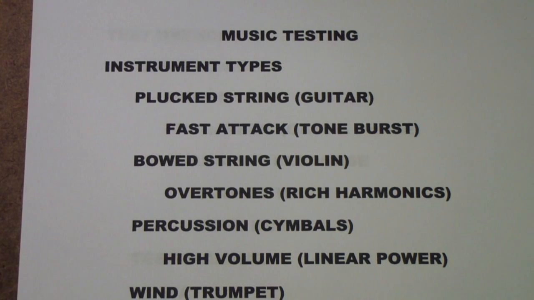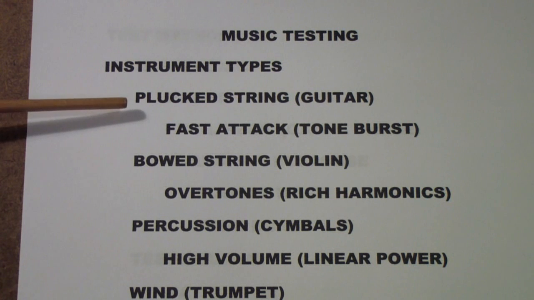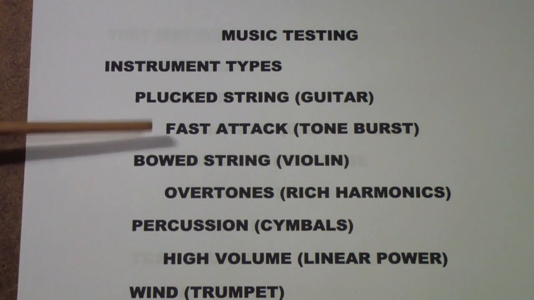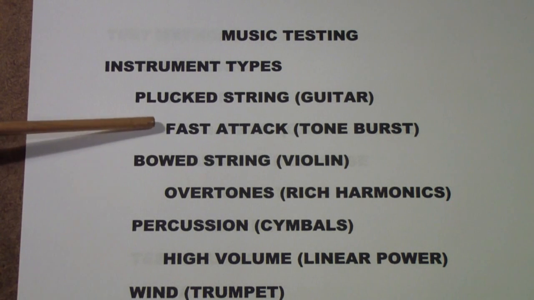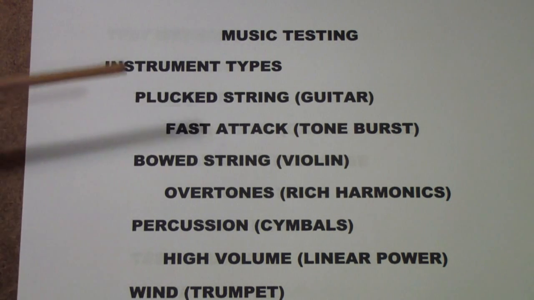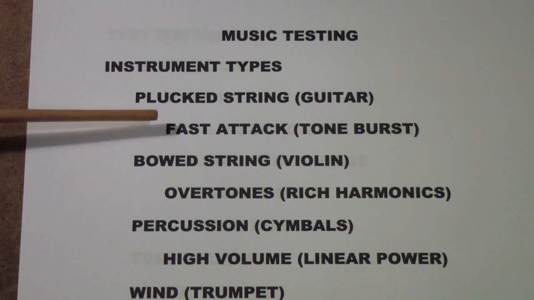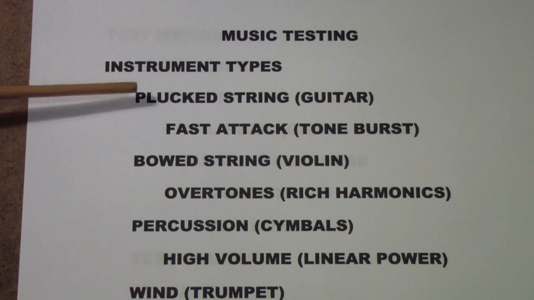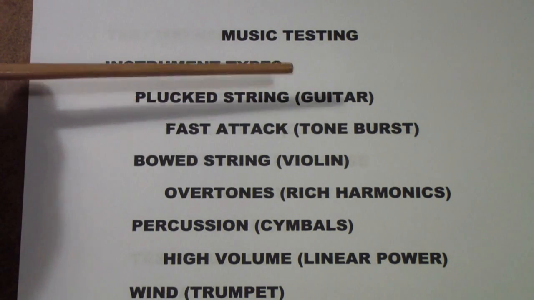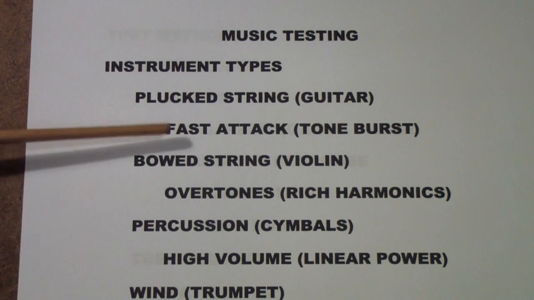We've talked a little bit about instrument types, and I showed you an example of a plucked string instrument. That is the fact that it generally has a fast attack compared to many other instruments used in orchestras and bands. The example I used was the guitar.